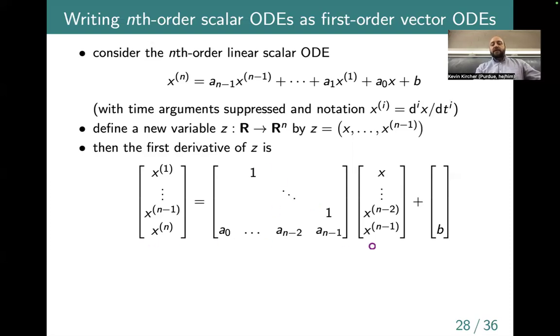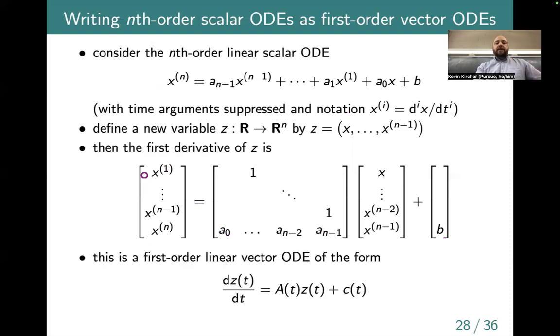And then the last equation here really is just the ODE, the nth order linear ODE that shows up in the first equation. So it says x^n on the left-hand side is the function a_0 times x, all the way down through the function a_{n-1} times x^{n-1}, shows up here. And then we add the element b on the far right-hand side.